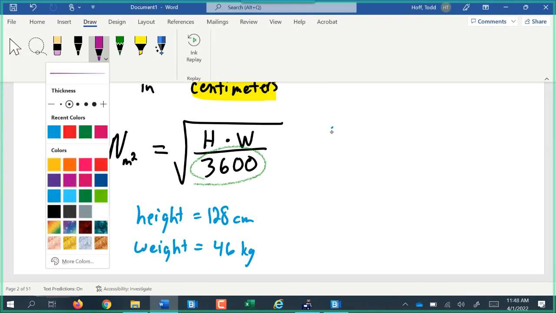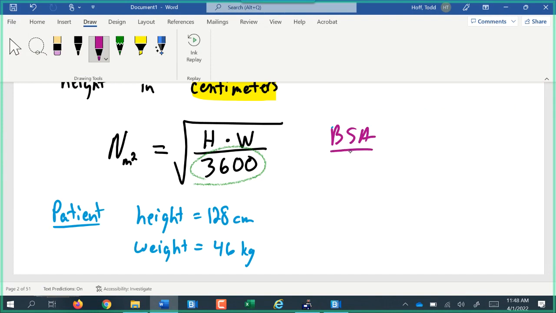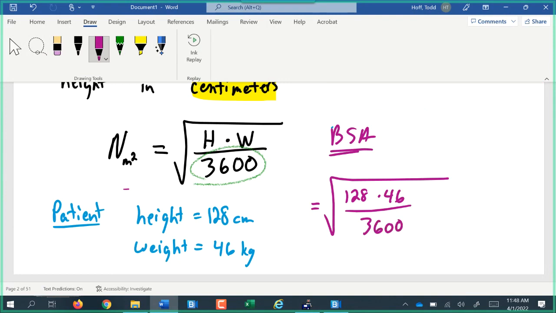Our body surface area, using this formula, is the square root of 128 times 46 divided by 3600. Now, fortunately, we can put this in our calculator all as one big long stream.